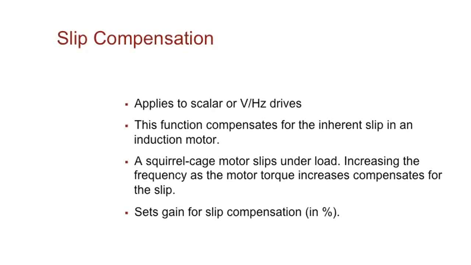We've got something called slip compensation, which is available in volts per hertz drives. This applies to volts per hertz or scalar drives only. What it does is it looks for an amount of slip, and it's in terms of percent. So if you know that the motor is a 1750 RPM motor and you want to run 1800, that means the slip is 50 RPM at full speed.